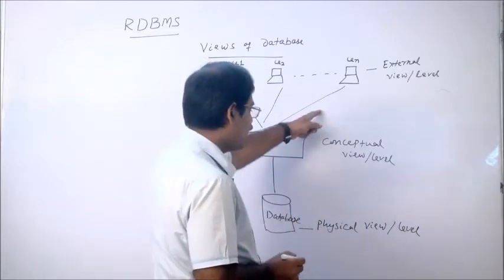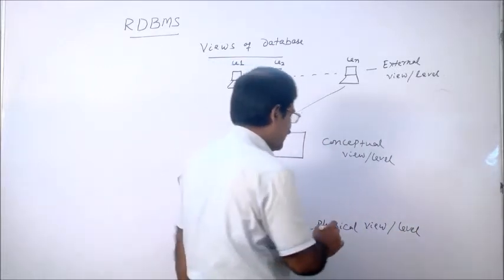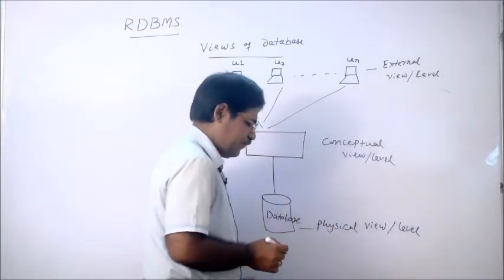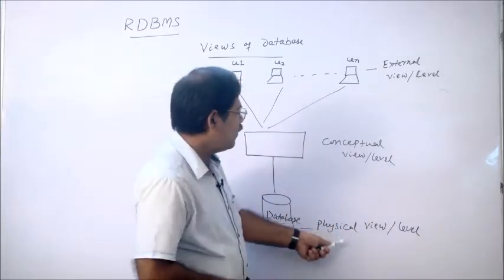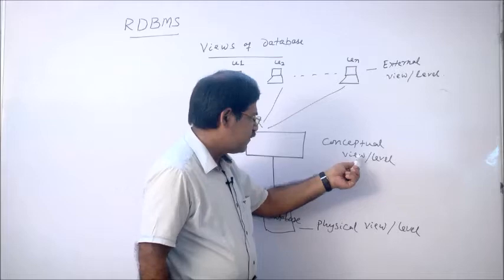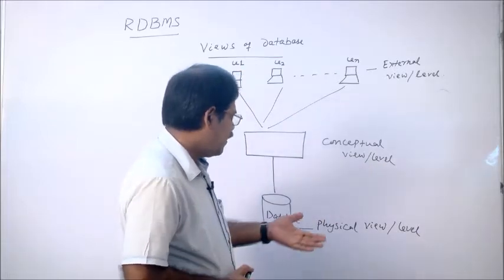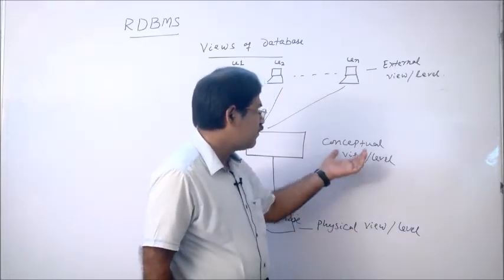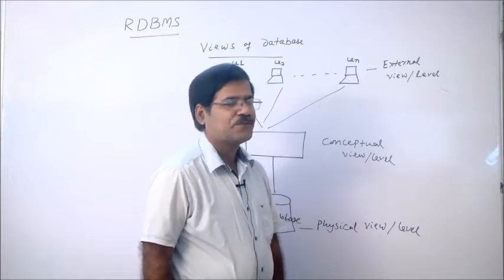So this is the external level, and the other name for the lowest is internal level. Internal level, external level, conceptual level, or you can say physical view, conceptual view, or external view.